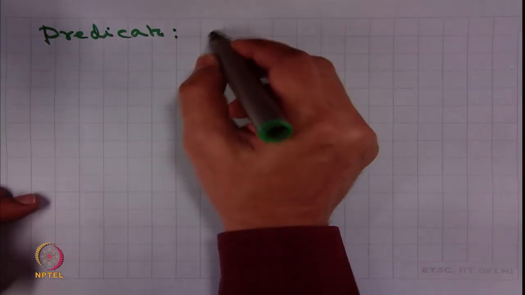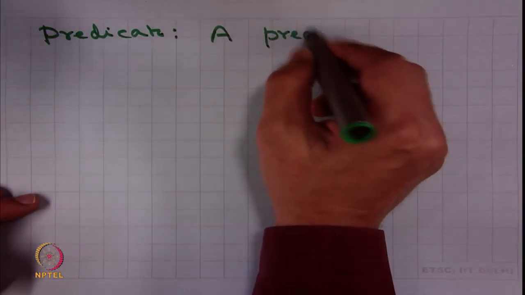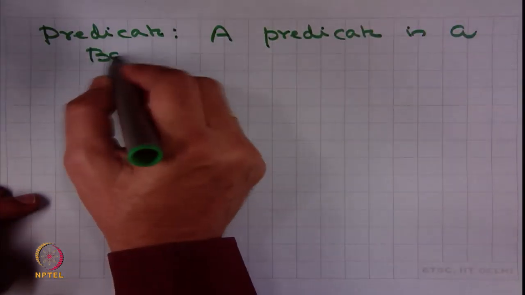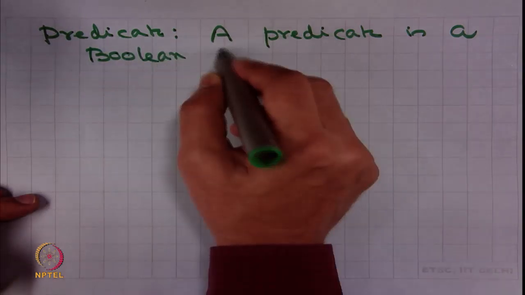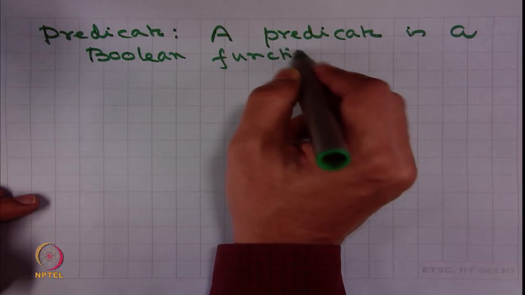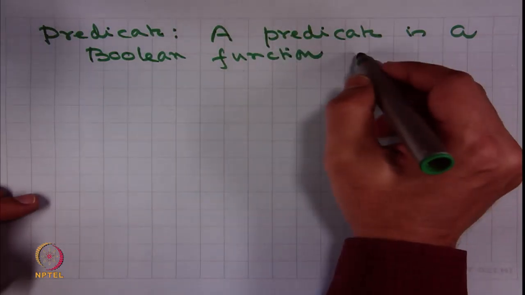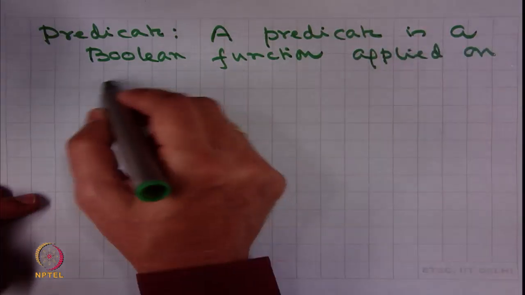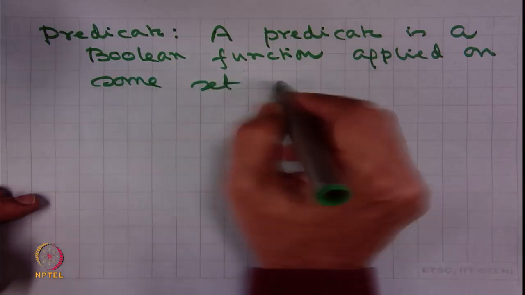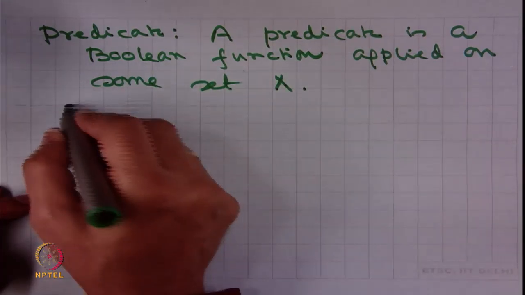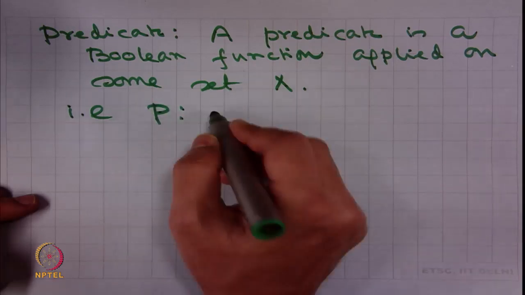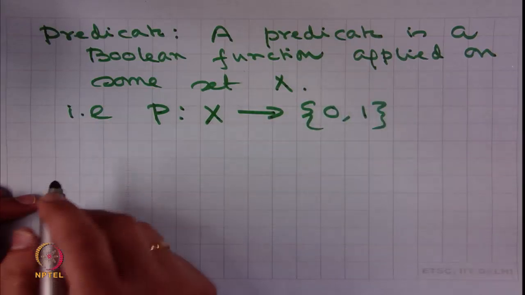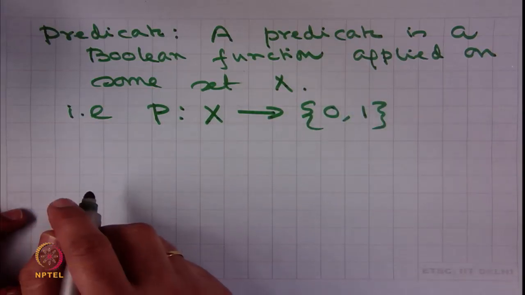A predicate is a Boolean function applied on some set X, that is, P is from X to 0, 1.